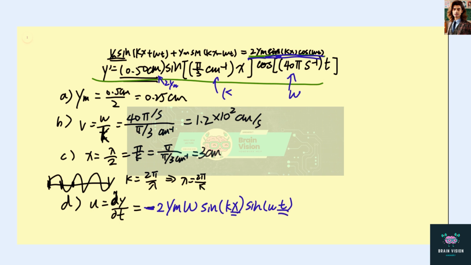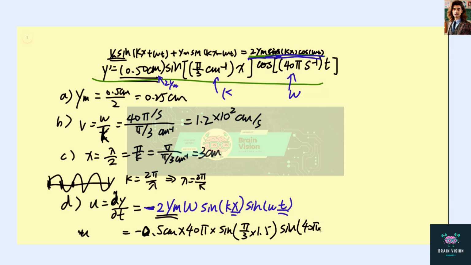The question says x equals 1.5 centimeters and t equals 9 over 8 seconds, so we can just plug in. We have u equals negative 2 ym, which is negative 0.5 centimeter, times 40 pi, times sine of pi over 3 times 1.5 centimeters, times sine of 40 pi times 9 over 8 seconds.